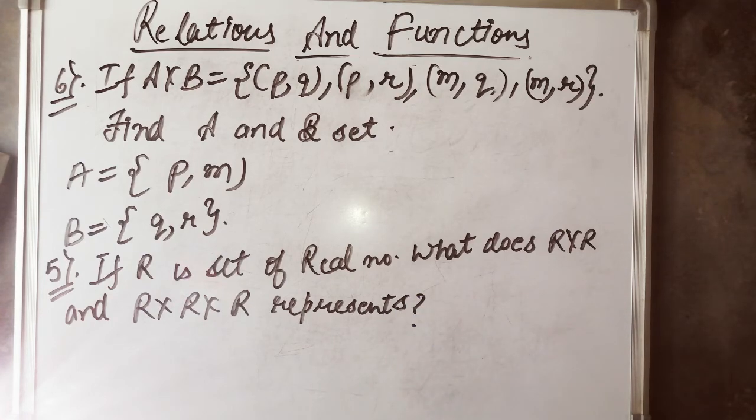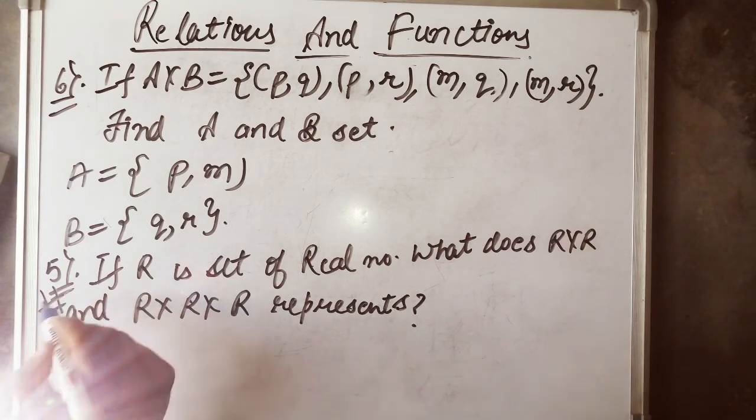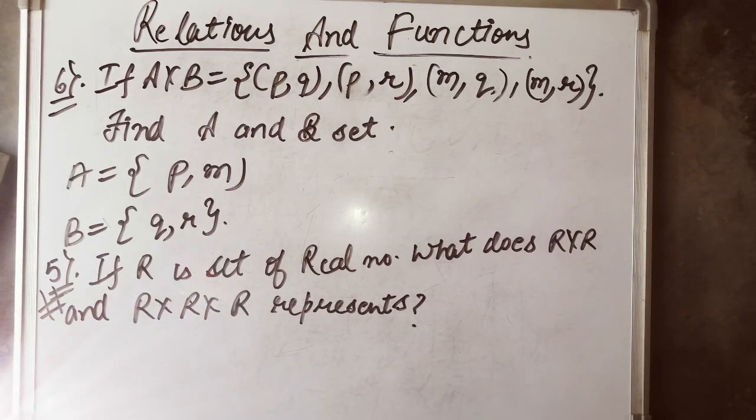This is also a very important question of this exercise. I am marking this. To solve this question is a matter of understanding level. Okay, we have the solution here.